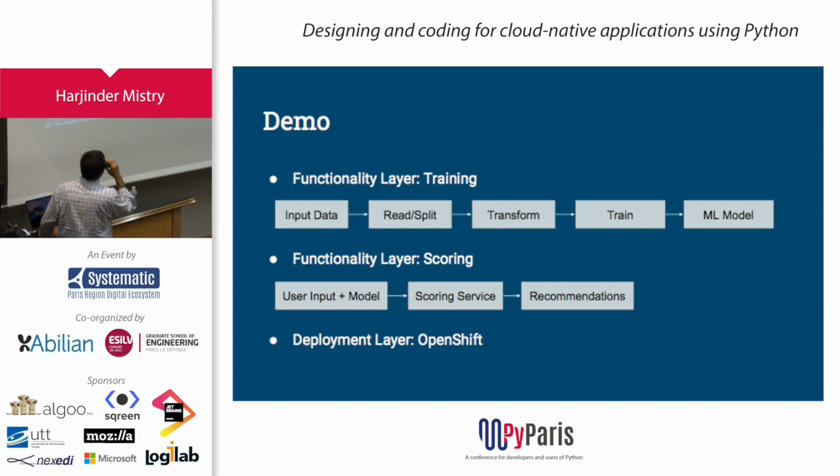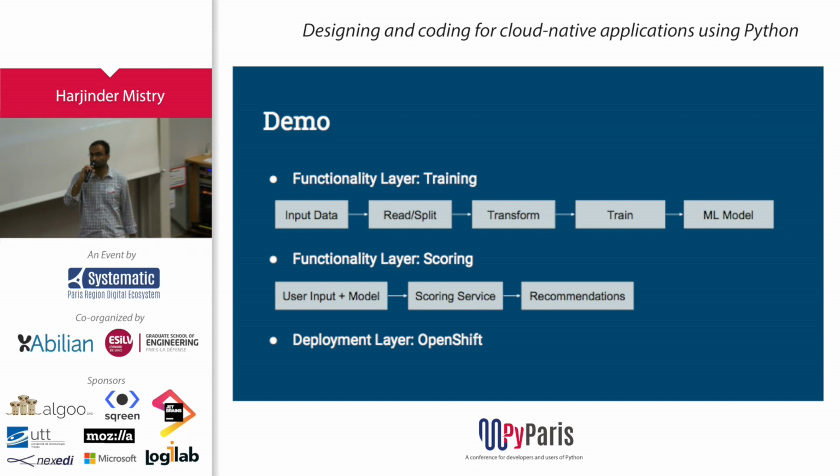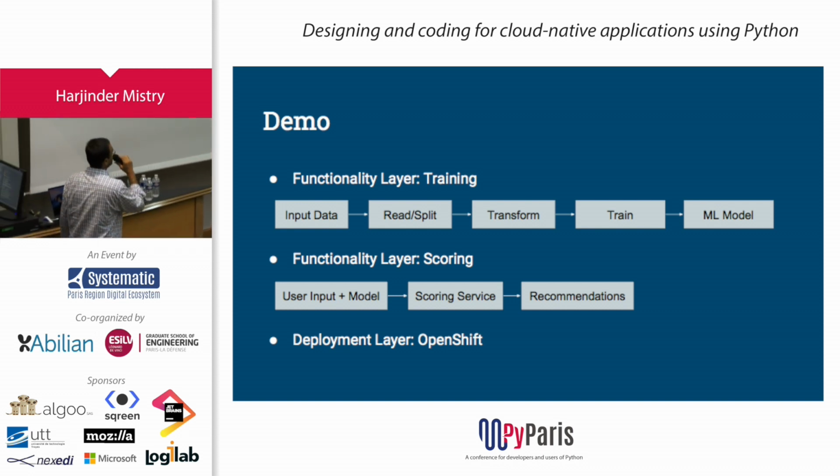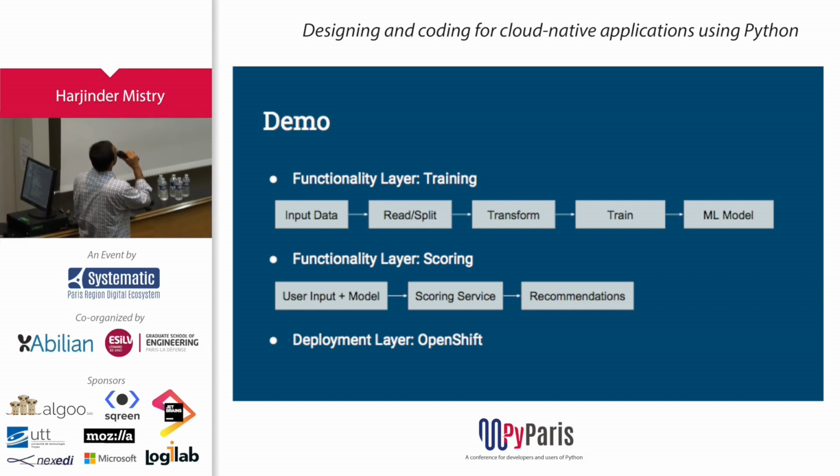Then there are APIs to load the model from the data store and keep it in memory. This is going to be useful while scoring the model. And of course, the last API is the score API, which takes the user input and scores it on the given model.